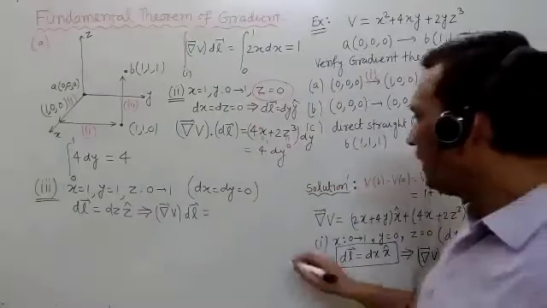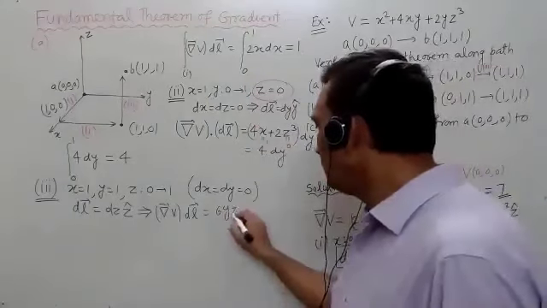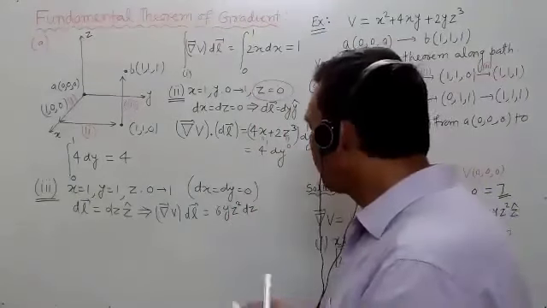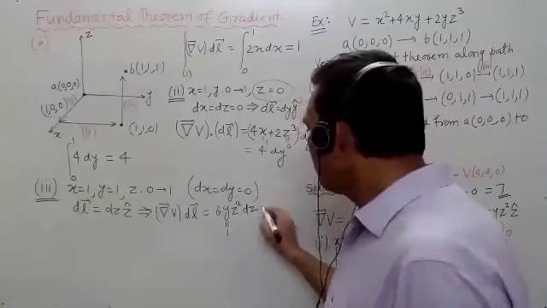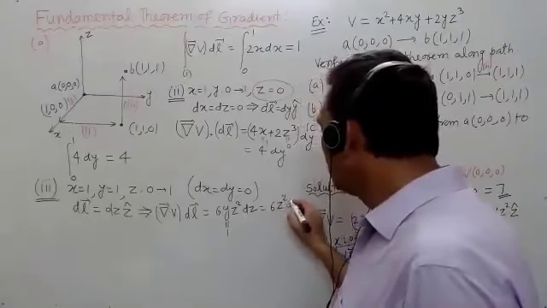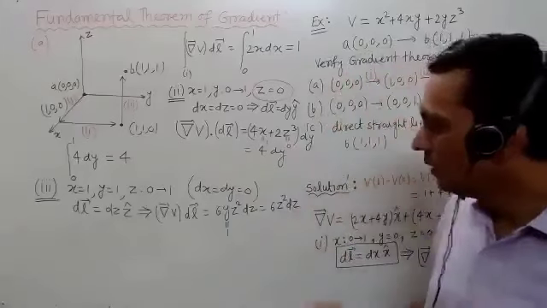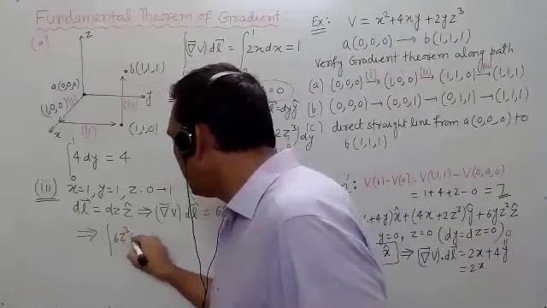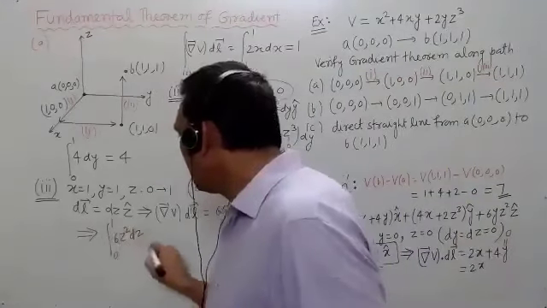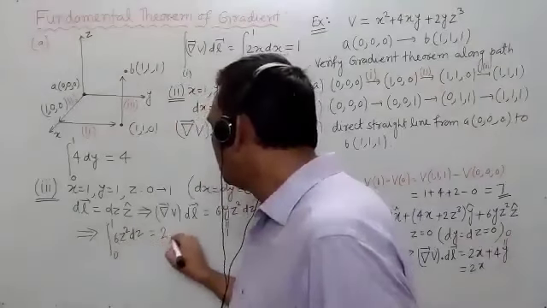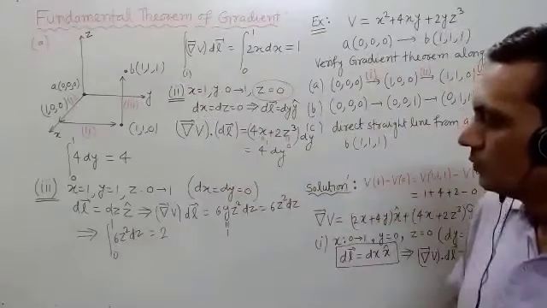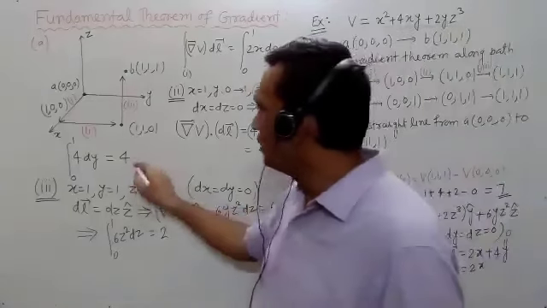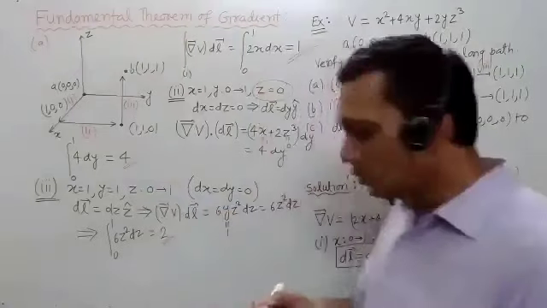You will get last term 6y z square dz. Put y is 1, so you will get 6z square dz. So this integral, 6z square dz from 0 to 1, is 2. So this value is 1, this integral is 4, and this integral is 2.